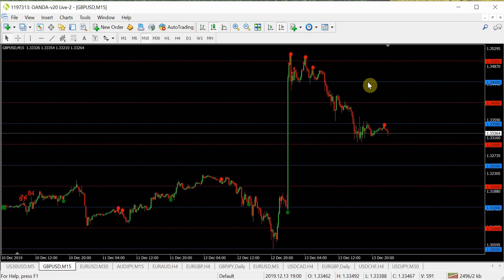So again, that is one signal to say that this pair could potentially be going short. It's not guaranteed, but it's a high probability.